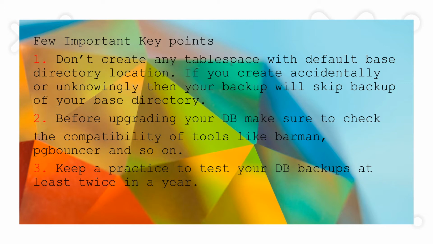The third very important point here is always try to test your backups at least twice in a year. There are so many reasons. People will patch their OS. Sometimes we will install patches on DB level, or upgrade our Barman utility, whatever the reason. It is always better to check your backups.